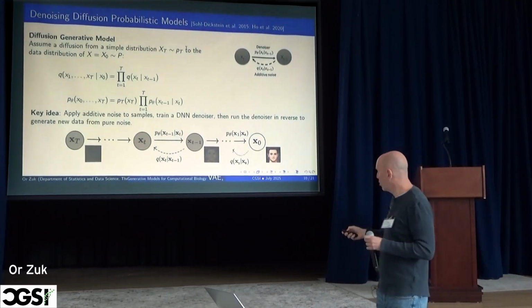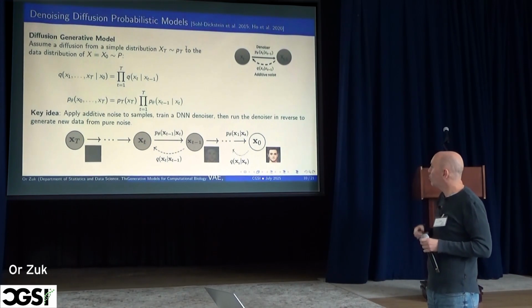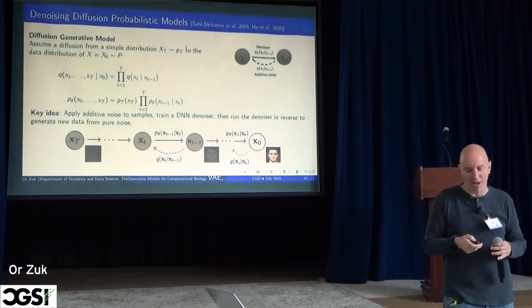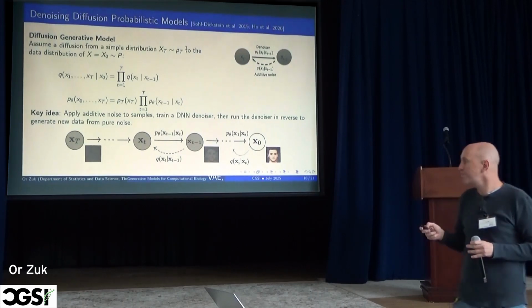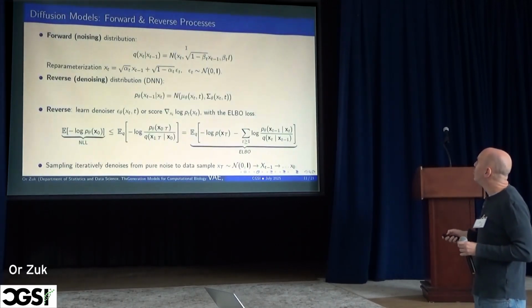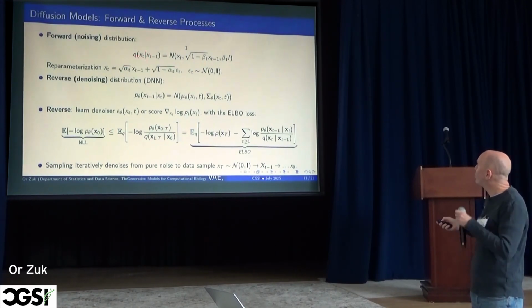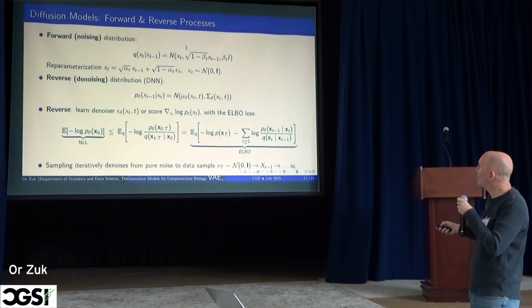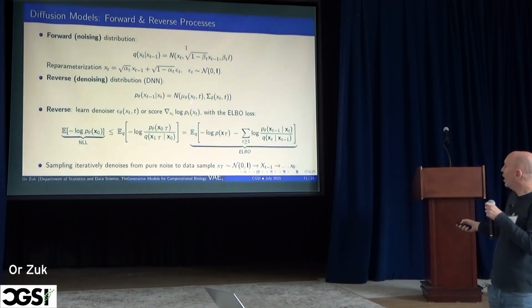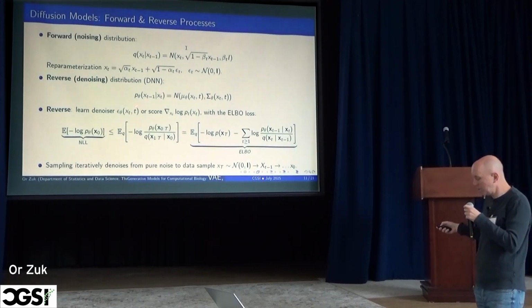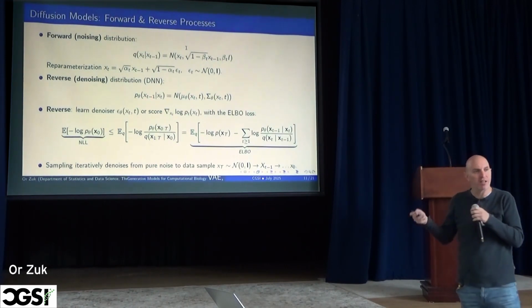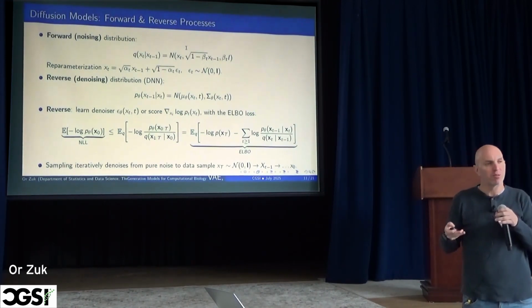The disadvantage is because we have to do so many steps, the computational burden is much higher. So they are much harder to train computationally. All right. So we have this model: this is a noise model, so we just add Gaussian noise, and this is the denoising model, so it's still Gaussian, but notice that the mean and the variance of the clean sample given the noisy sample are some nonlinear complicated functions that are implemented by neural networks.